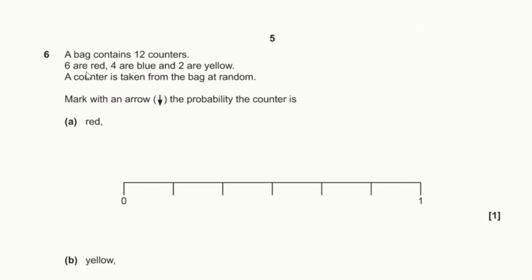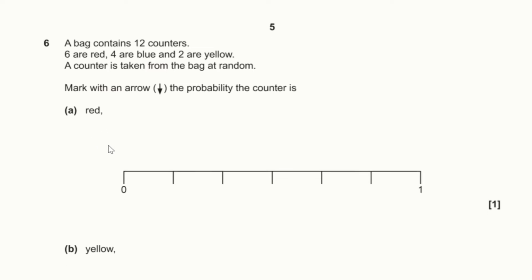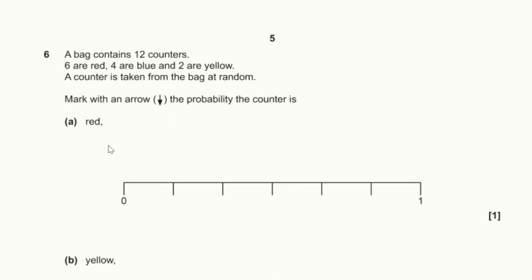Question number 6. A bag contains 12 counters. 6 are red, 4 are blue and 2 are yellow. A counter is taken from the bag at random. We have to mark with an arrow the probability that the counter is, for part A, red. Well, we've got 6 out of 12, which is red.